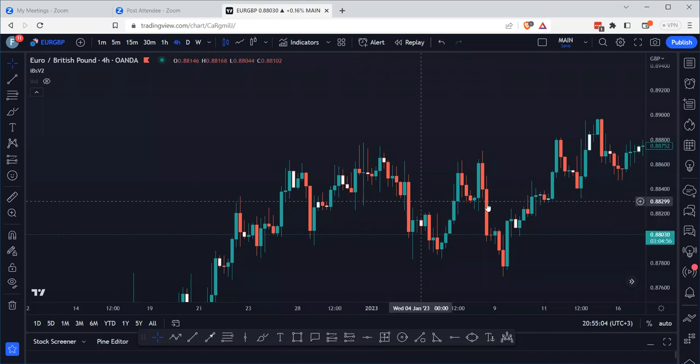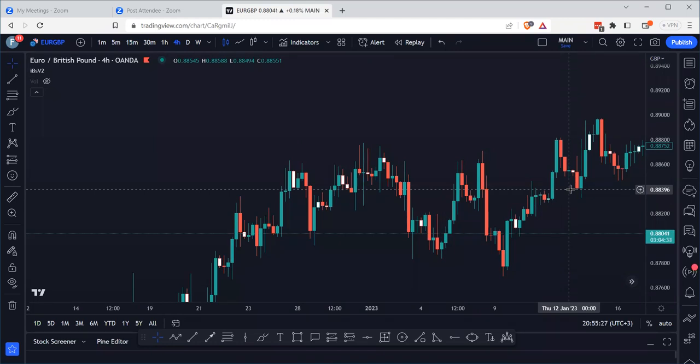Now, if you have a trading strategy with some win rate, let's say a 40% win rate, so you take 10 trades and win 4 out of 10, you can greatly increase your win rate by only taking entry after liquidity has been grabbed.